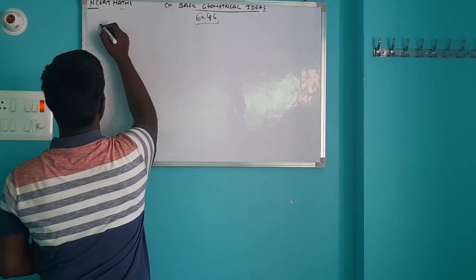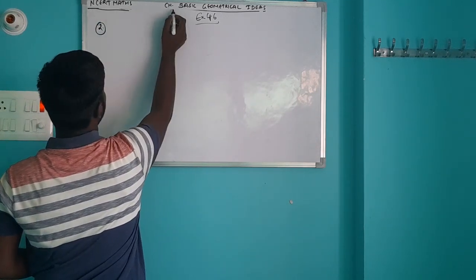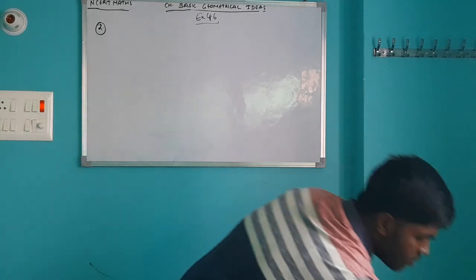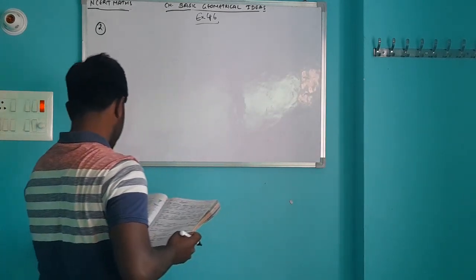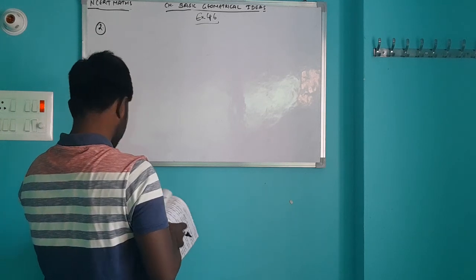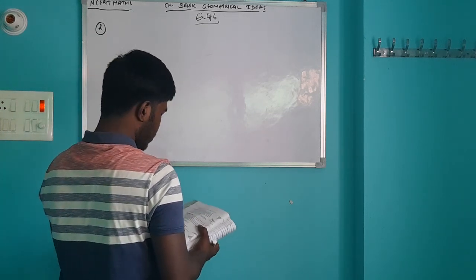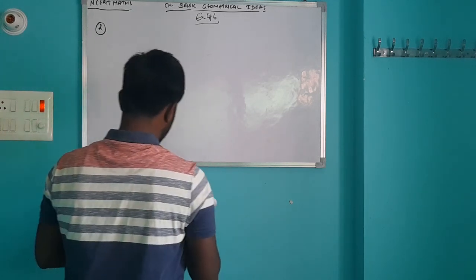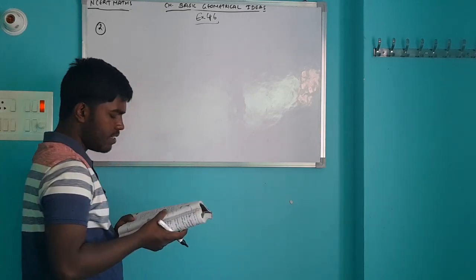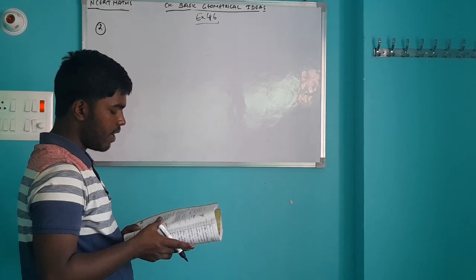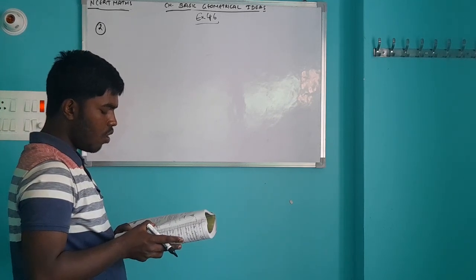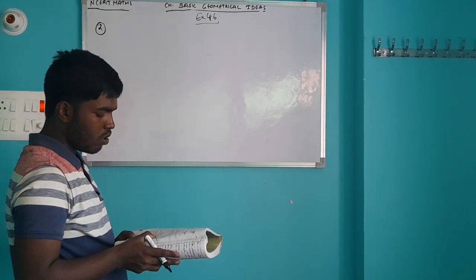So let's start our next question. So our second question will be a reason based question. In first part we have, is every diameter of a circle a chord? Yes. In second part we have, is every chord of a circle also a diameter?